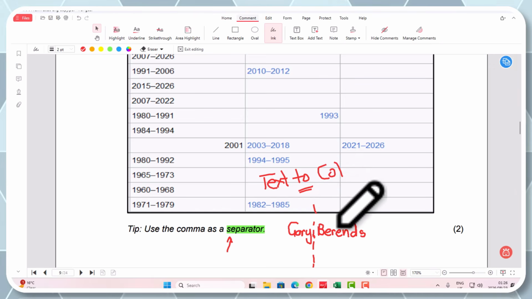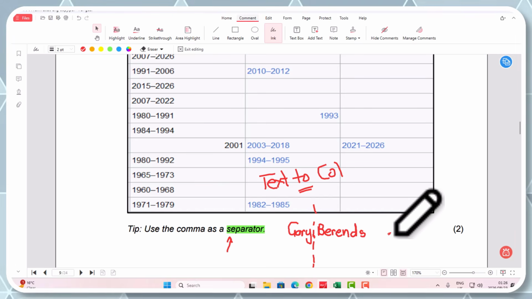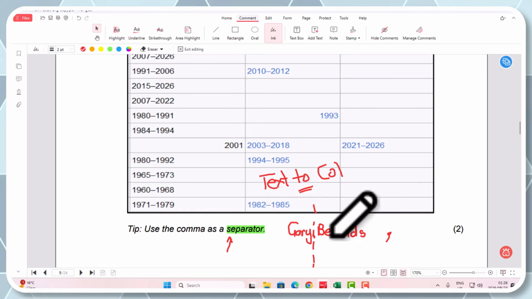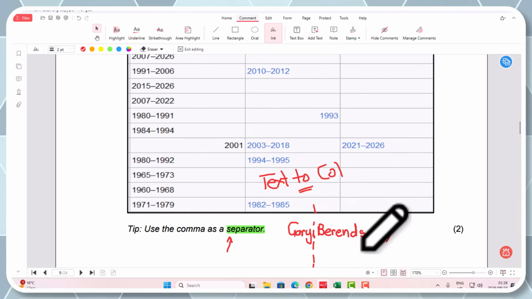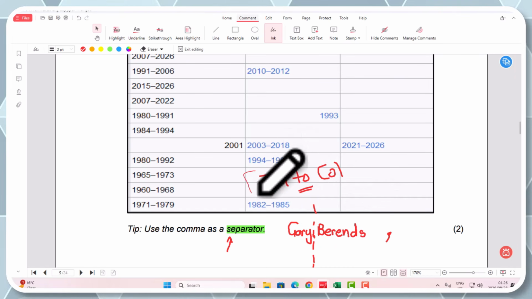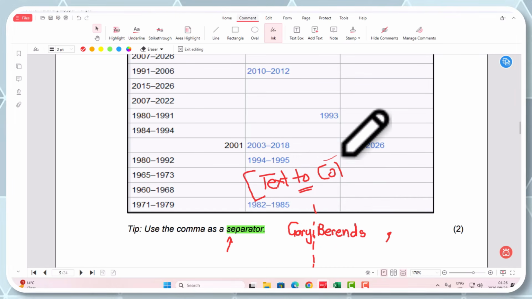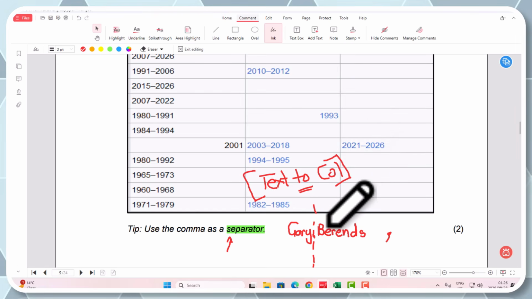That would split this by the comma that's there. By the comma, it will split and force that to be in two separate cells. And the function that we use is called text to columns. Very, very important, that one, guys.